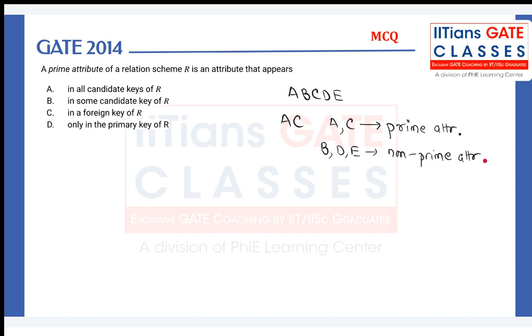Now that I have explained, I think you will be able to answer. A prime attribute of a relation R is an attribute that appears in some or all candidate keys?